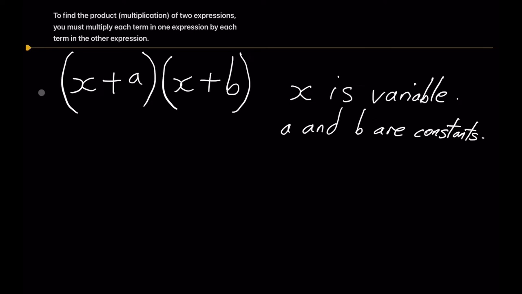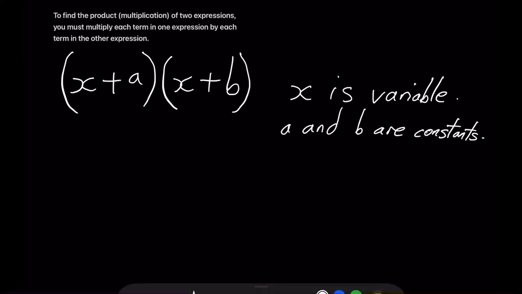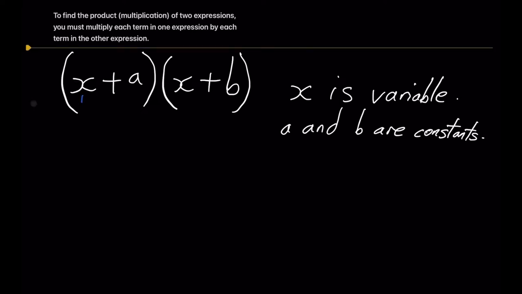Now, to expand the brackets, we said we have to multiply each term in one expression by each term in the other expression. So let's start off with the expression on the left. The first term in this expression is, as you can see, x. We have to multiply x by both x in the second expression and b in the second expression.